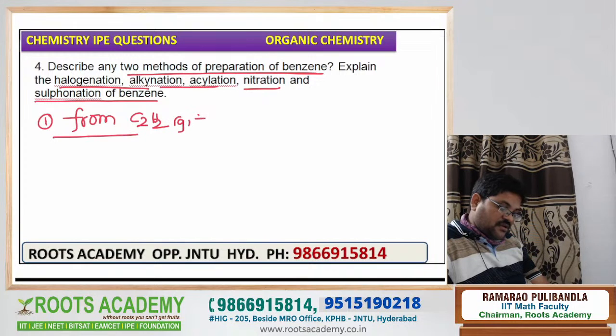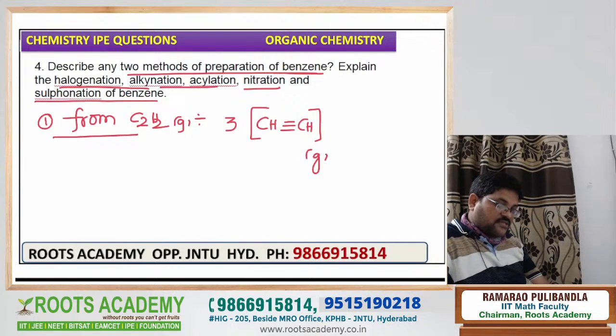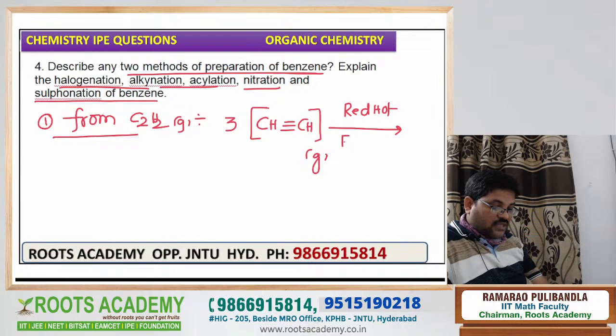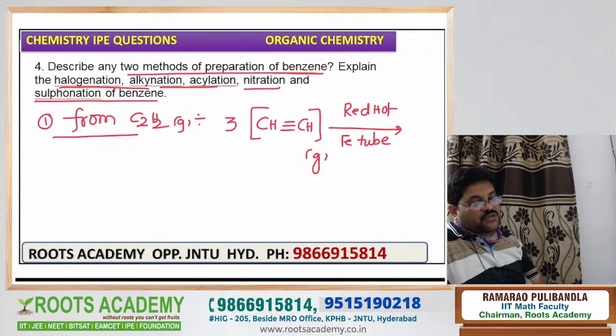Simple explanation. By passing 3 moles of acetylene gas through a red hot iron tube, you get benzene liquid.